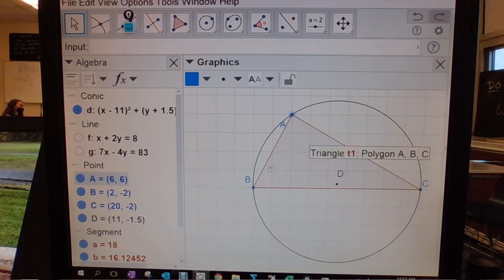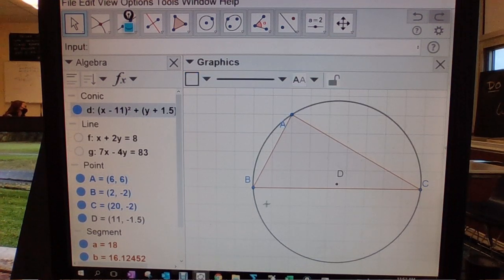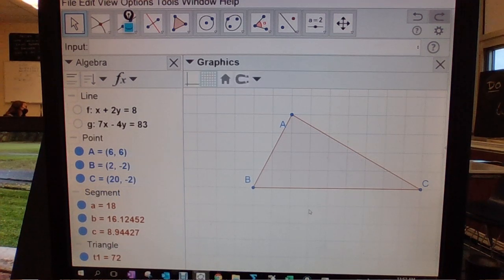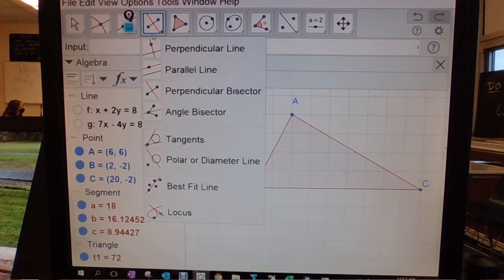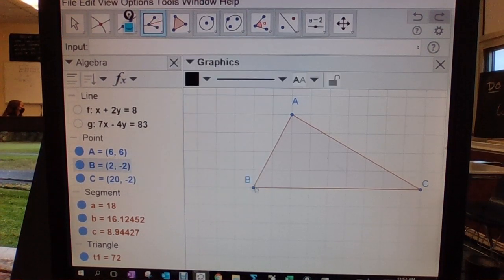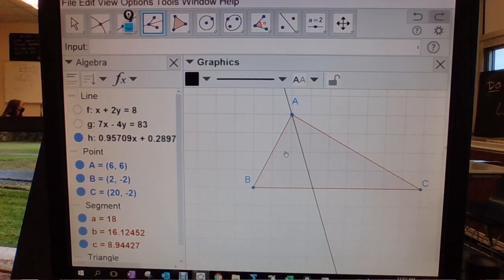The other type of bisector that we've been talking about is an angle bisector, correct? So let's see what happens with an angle bisector inside a triangle. So we take angle BAC, I'm going to bisect it. So that right there cuts angle A into two smaller congruent angles. Is that okay with everybody?